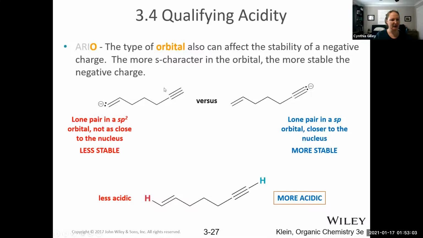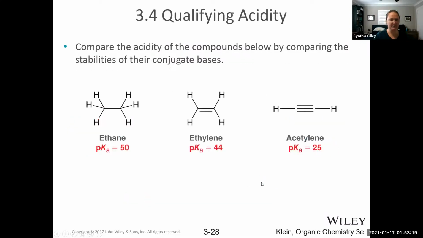Again, the lone pair in an sp2 hybridized orbital is not as close to the nucleus, so it's less stable than a lone pair in an sp hybridized orbital because of the shape. The electrons get closer to the nucleus, so we predict they're more stable, which predicts this is more acidic. Again, those are the two pKa values I was talking about, 25 versus 44.